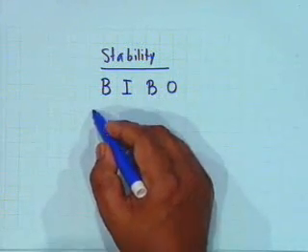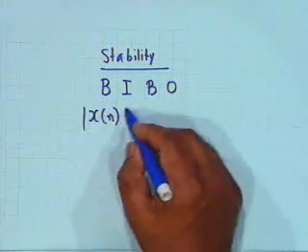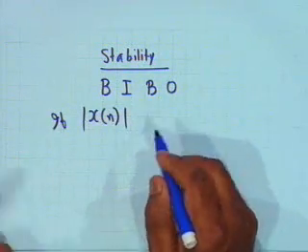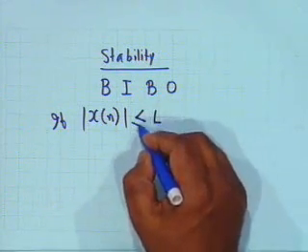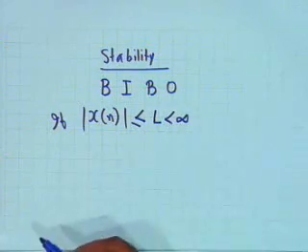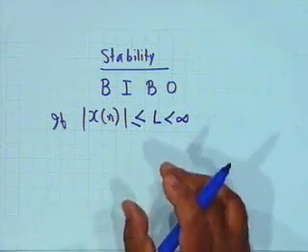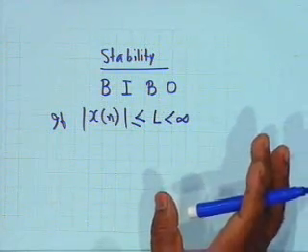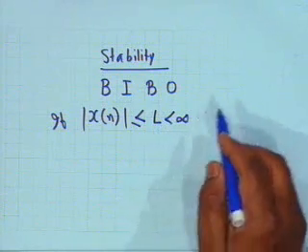That is, if x of n for a discrete time system is bounded, it can be positive or negative, if x of n is bounded by, let's say, L, which is less than infinity, that's what bounded means. It means the maximum magnitude that it can take is capital L, which is finite.